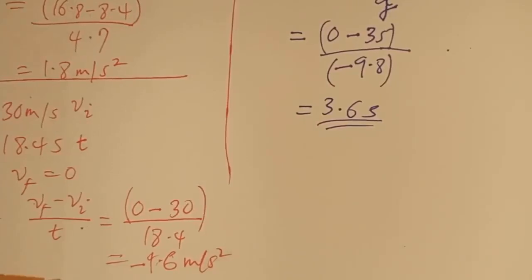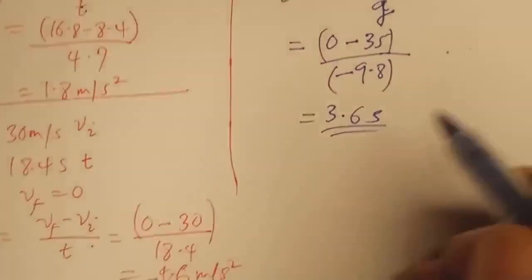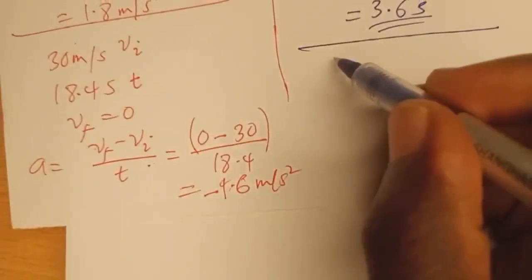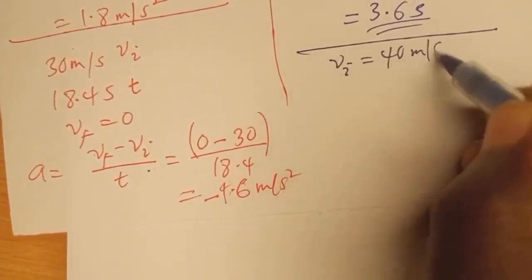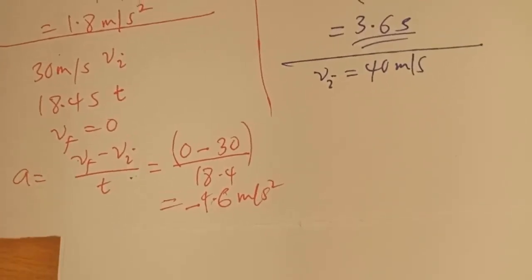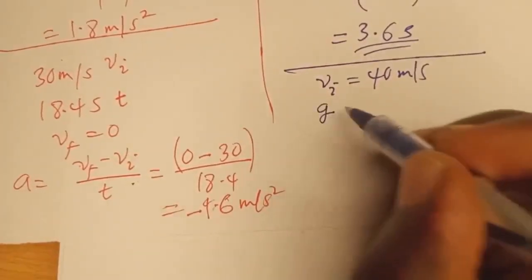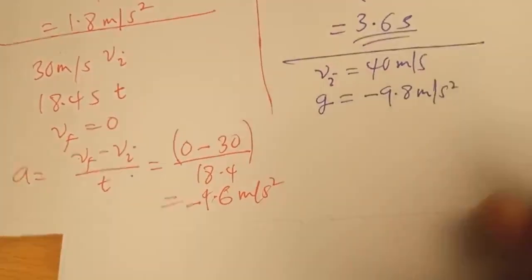Okay, again, let's say we have a ball and this ball is thrown vertically upward with an initial velocity of 40 meters per second. Okay, a new question. Initial velocity v sub i is 40 meters per second, thrown vertically upward. And don't forget our g, if it is thrown vertically upward, our g is negative 9.8 meters per second squared.